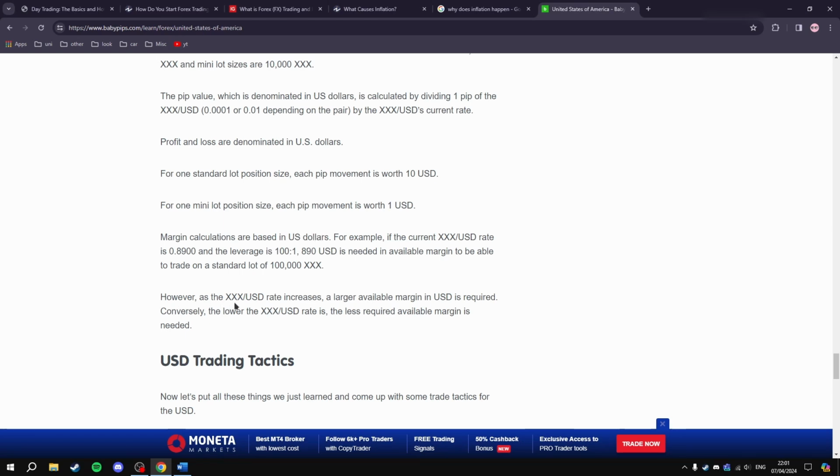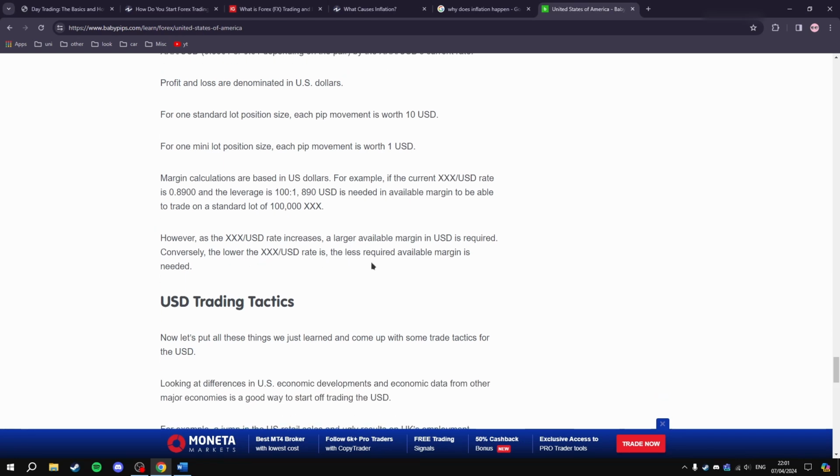However, as the XXX/USD rate increases, a larger available margin in USD is required. Conversely, the lower the XXX/USD rate is, the less available margin is needed.